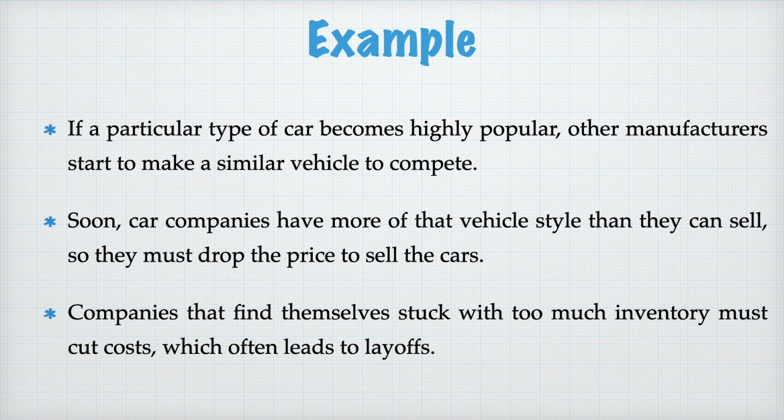But if your products are the same and similar to those of other manufacturers, would it be easy to sell? No, it would be difficult. So since you have manufactured, you have to make the sales. How can you do that? You have to reduce the price of the cars to sell them.